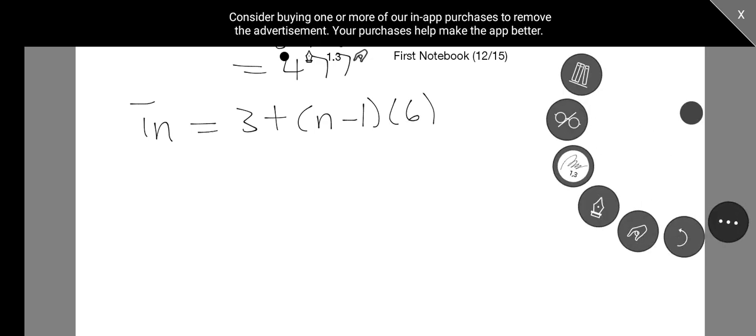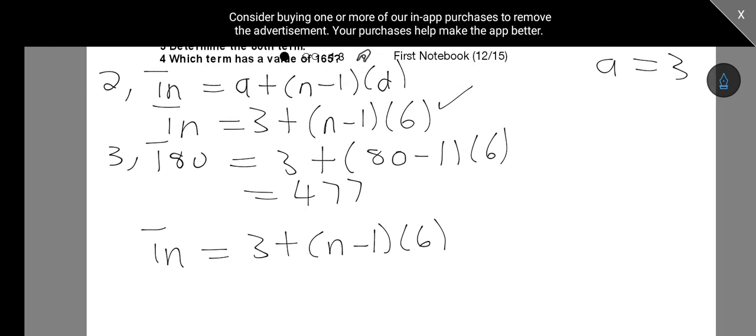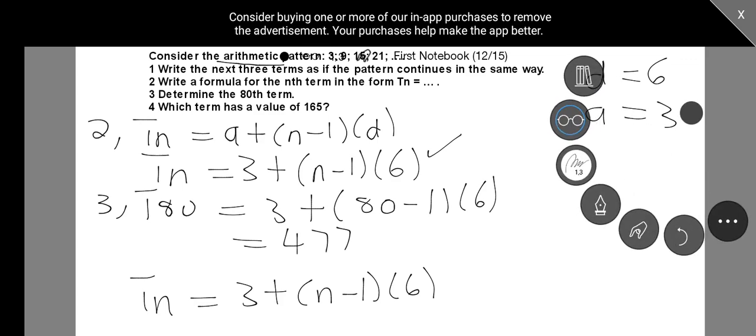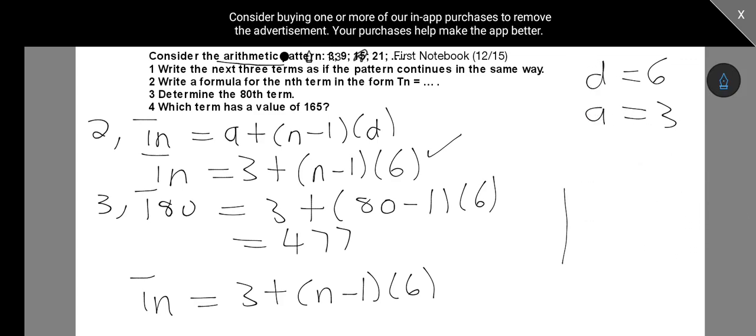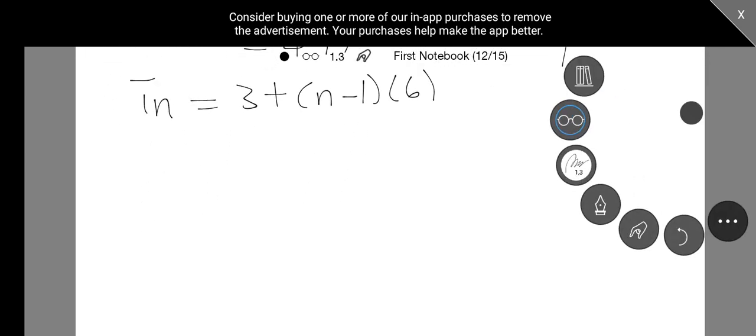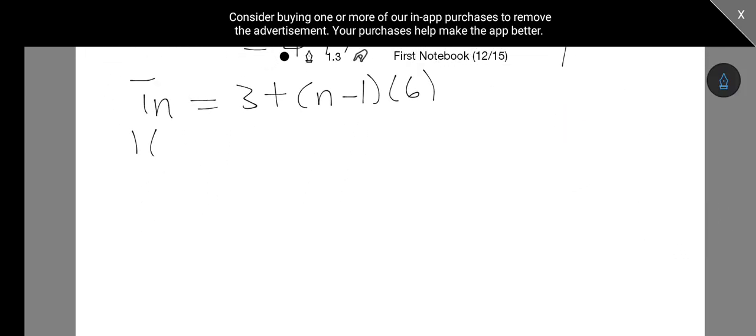So we have been given Tn this time, and we have to solve for n. Tn is the value, that is 165. So we're going to plug in 165. We're going to say that 165 is equal to 3 plus n minus 1 times 6.